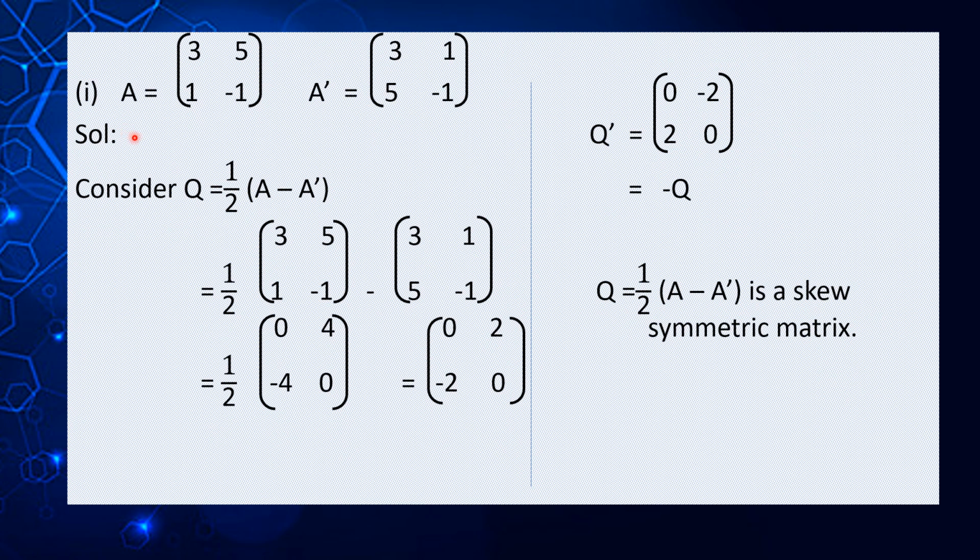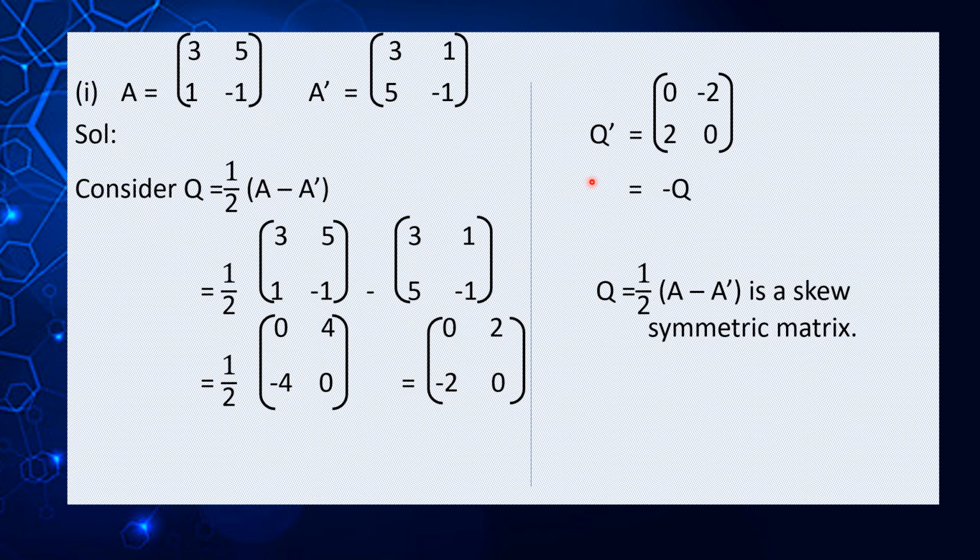And now consider Q is equal to half of A minus A transpose, which is equal to half of 3, 5, 1, minus 1 minus 3, 1, 5, minus 1, which is equal to half of 0, 4, minus 4, 0, which is equal to 0, 2, minus 2, 0.